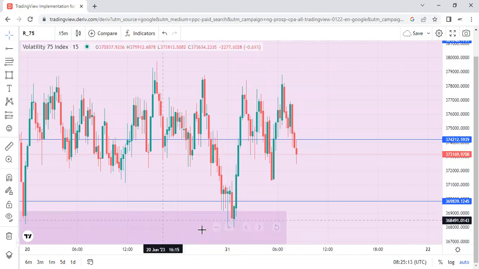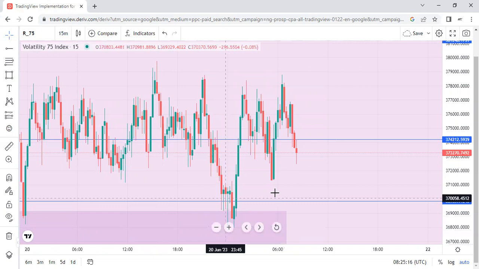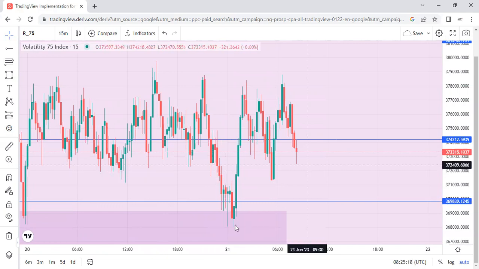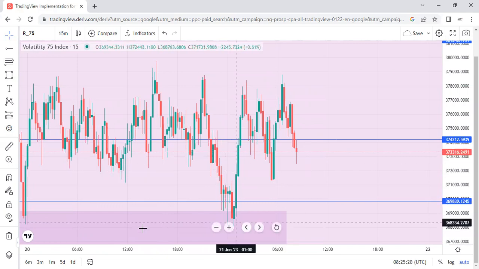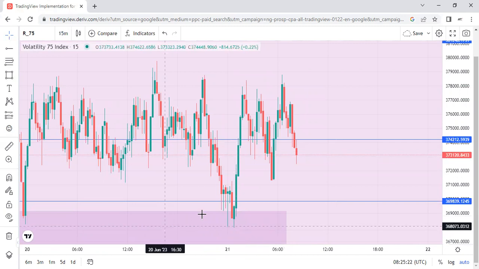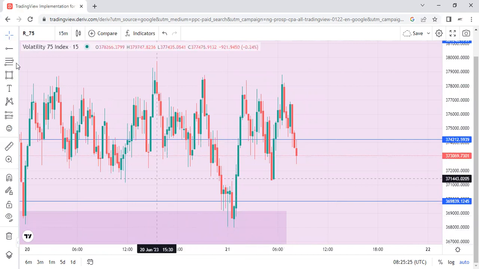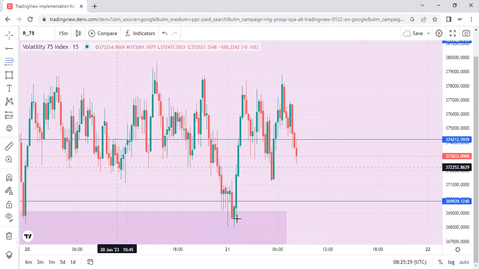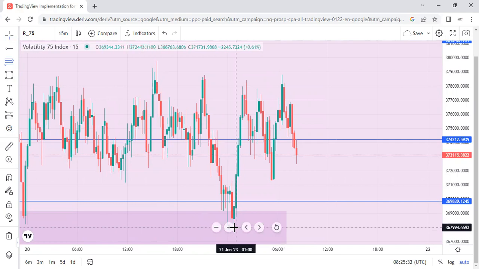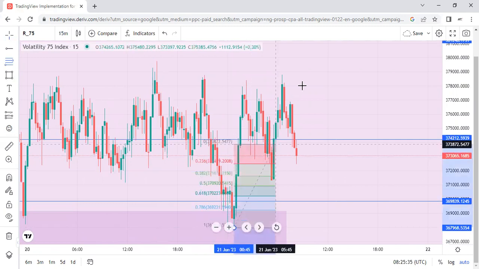So which order block did you expect the market to use? Since market has respected this order block, then we know that this is the order block that market is going to use. When you take your Fibonacci retracement, you want to know about your premium, where this order block falls. Is it in a premium or in a discount level?